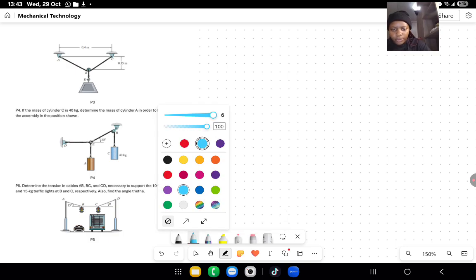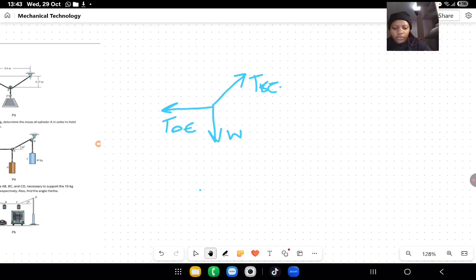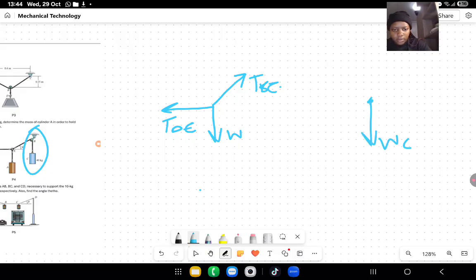We'll have our weight for A going down, the tension for BE, the tension force for TDE, and on this side the weight for C, and the tension force for BC.